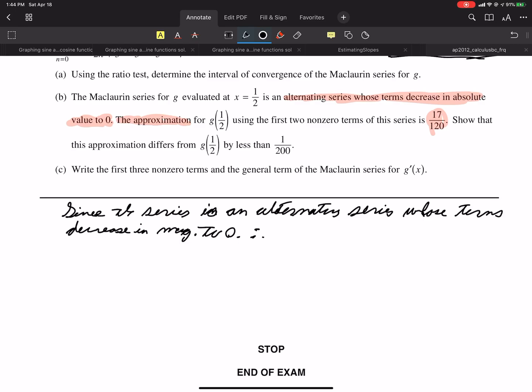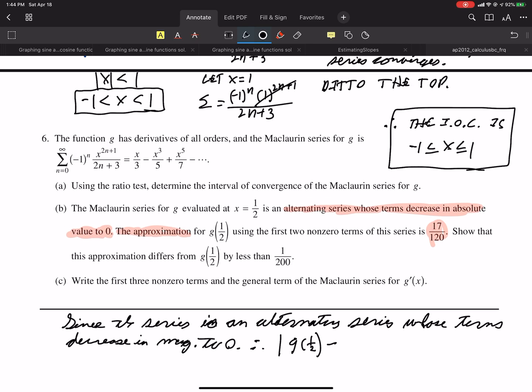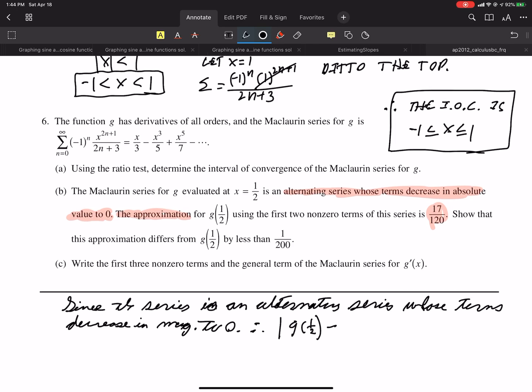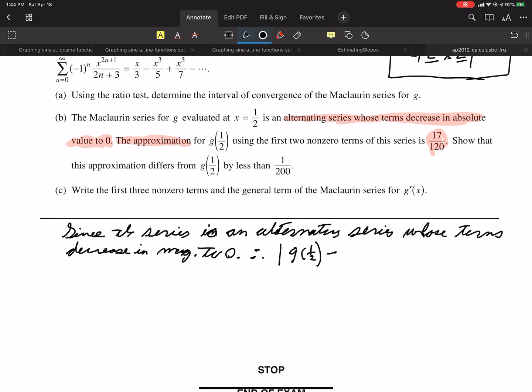In this case, I'm going to do the absolute value of this minus, okay, the Taylor series, actually, I don't have a symbol for Taylor series. The second degree, did it say? Let me read. Approximation, first two terms. The first two terms is actually a third degree Taylor polynomial.